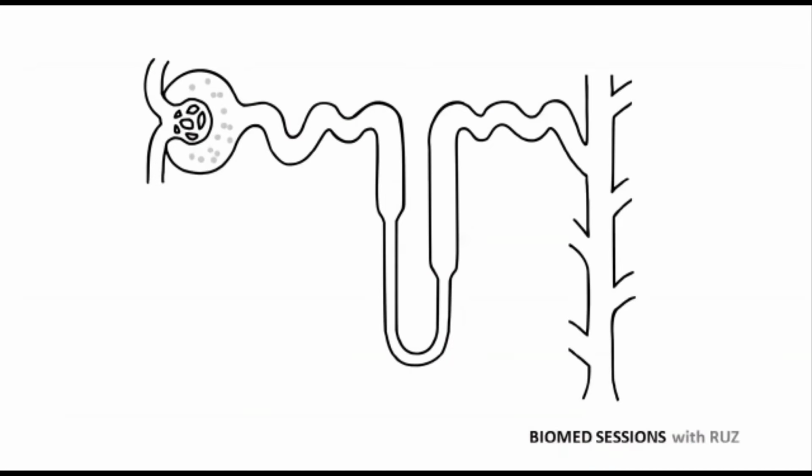Its descending limb is permeable to water. Thus, water moves out of the tubular fluid, making it concentrated. This water readily enters the vasa recta and is carried away. This rapid removal of water from the interstitial fluid maintains its hypertonicity.